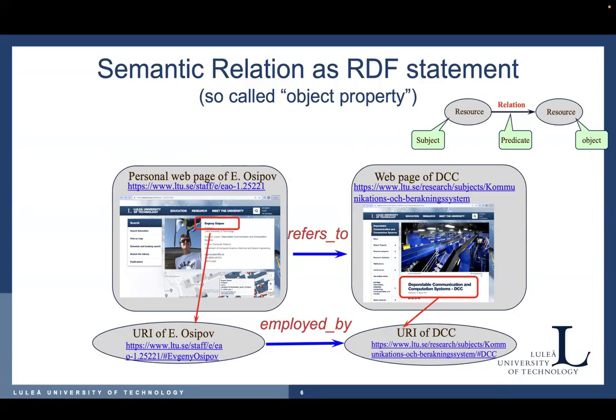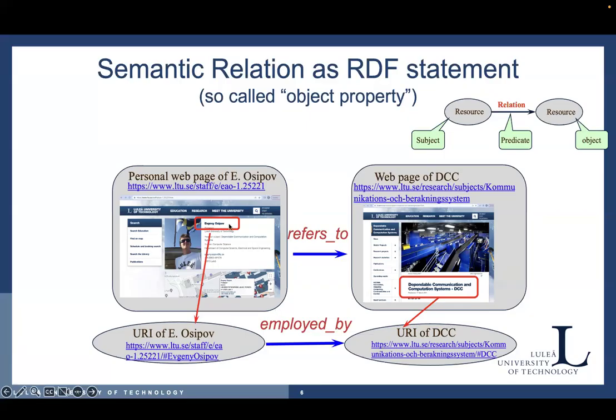So if you take my web page, that's just static information, but we can name the different objects on it. Like my name, or URI, would in this case refer really to me as a person.